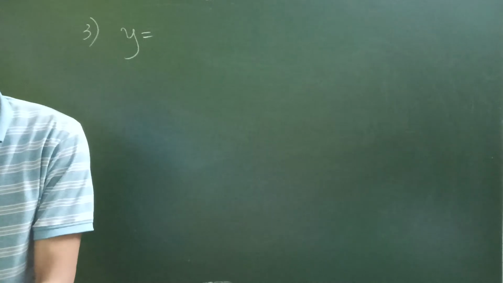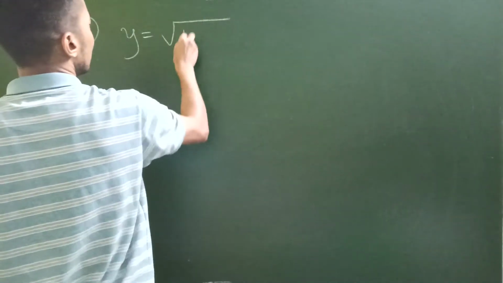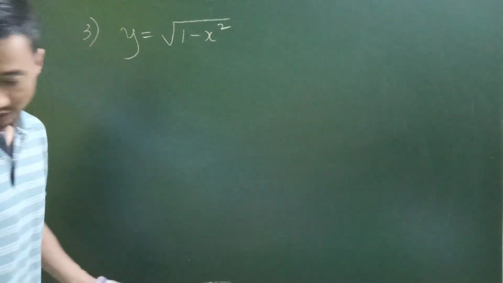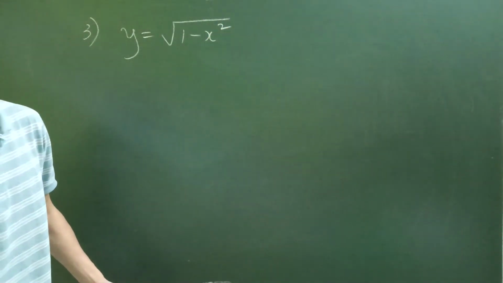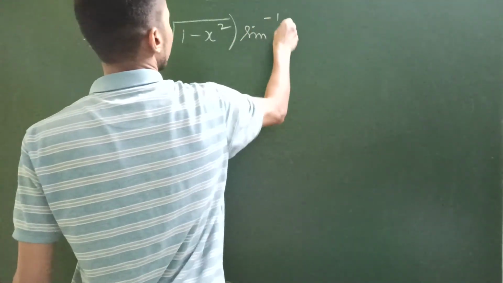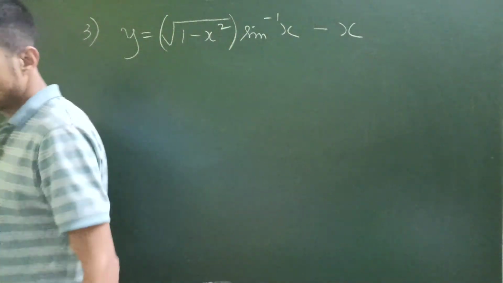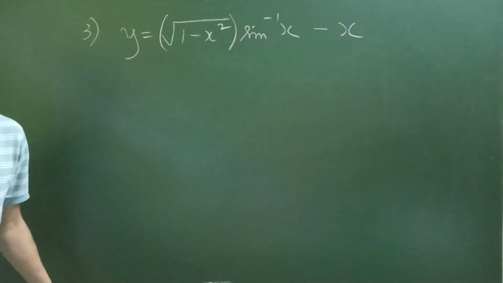Differentiate. Alright, no problem, this question also can be good, that is differentiate root over of 1 minus x square into sine inverse x minus x. So this is going to give you good practice, so let's begin.